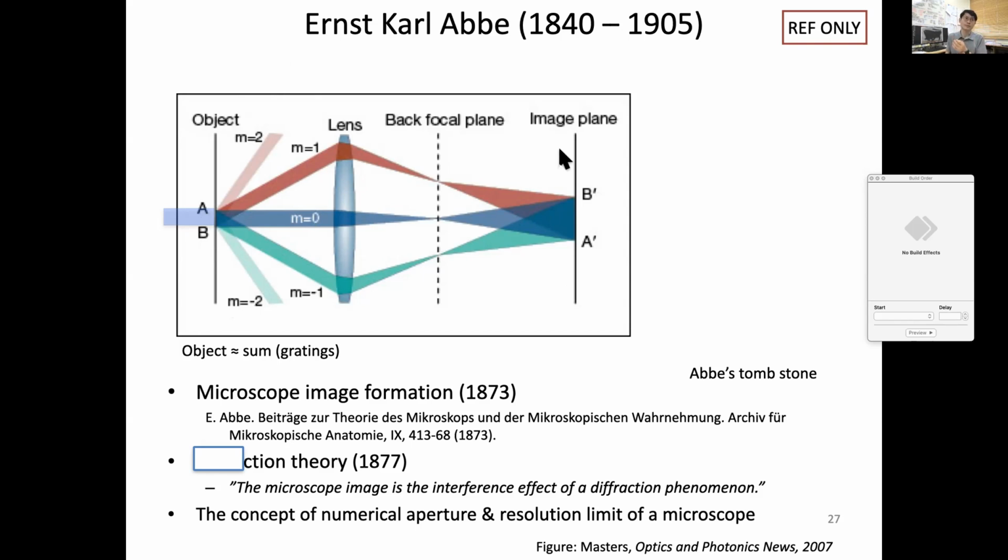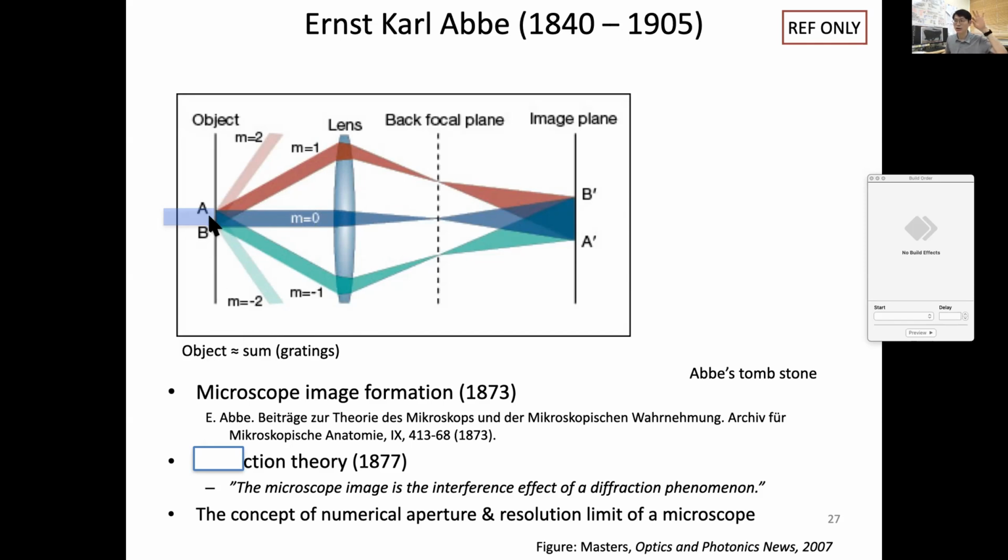And probably in the future, I will offer another class on biomedical optics. At that time, you may grasp this in an even more fundamental, quantitative way, but this is what I want to explain to you. An object can be considered a sum of gratings, and gratings will diffract light, so that diffraction nature is the fundamental limit: our finite-size lens cannot grasp high order diffraction.